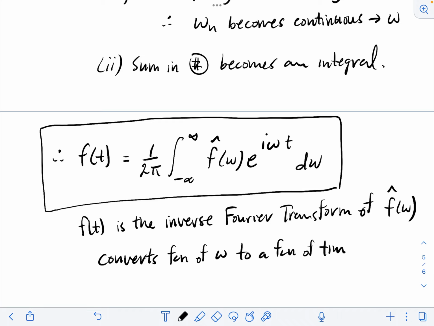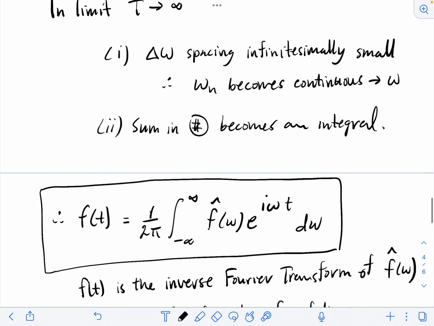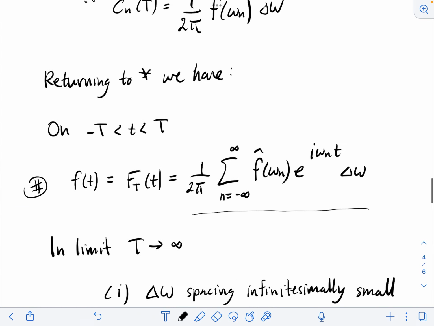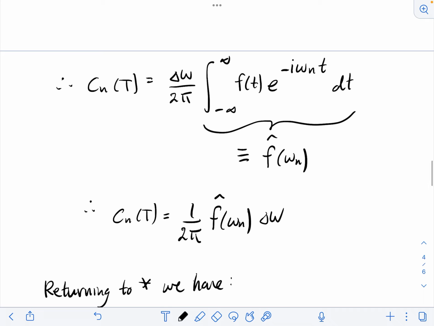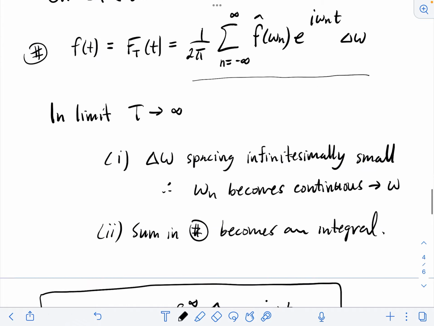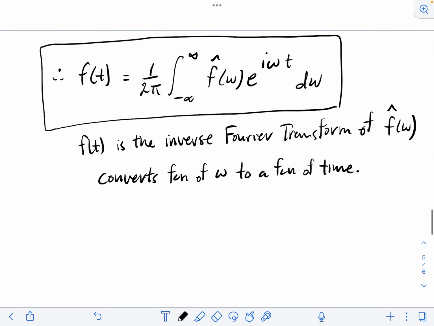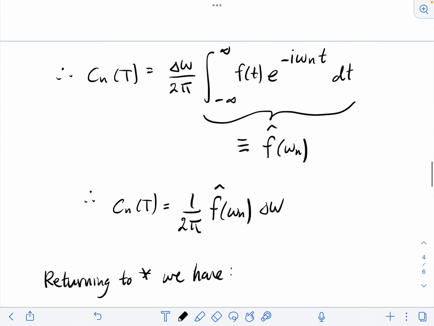In fact, we've already worked out the Fourier transform, and it's this thing underneath the curly bracket. So f hat of omega in the continuous limit is equal to, the way we defined it, there's no prefactor in front of the integral. It's just the integral of f of t e to the minus i omega t.